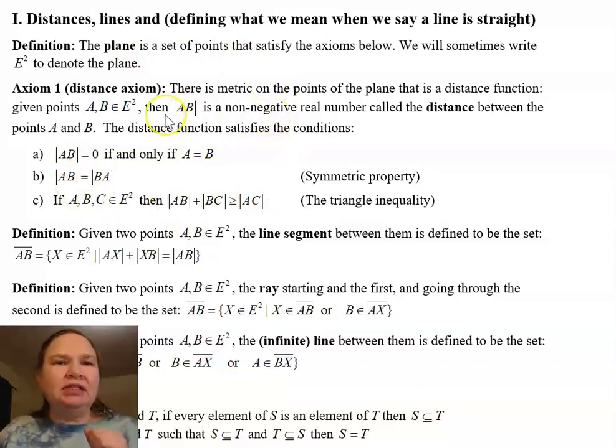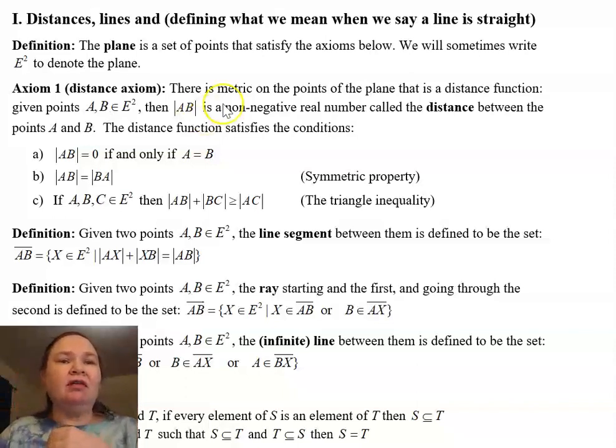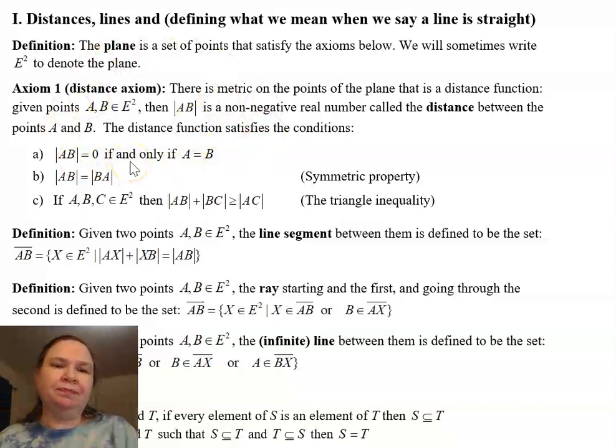It has a distance function that satisfies the distance axiom. And then we say, okay, using this idea of distance, what things can we define and what things can we prove based on those definitions and the distance properties?